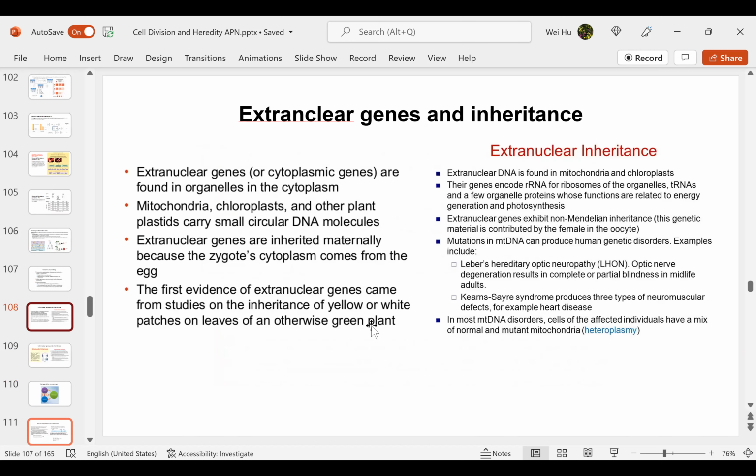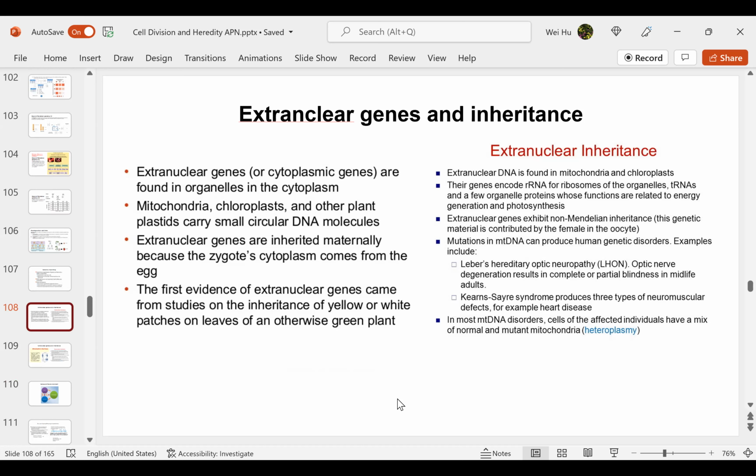Okay, so now we just learned the cell structure, right? We said, of course, your nucleus has all of the chromosomes, but don't forget you have chromosomes or DNA in mitochondria, in chloroplast.